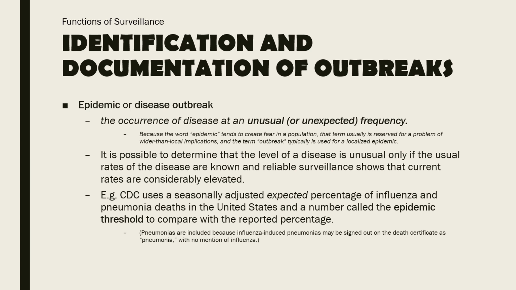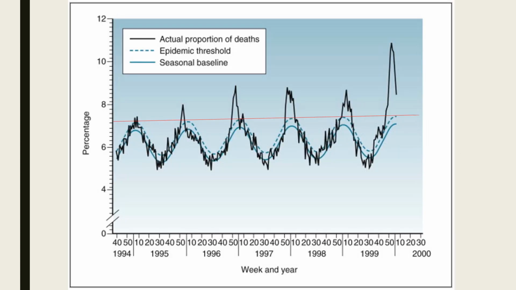For example, CDC uses a seasonally adjusted expected percentage of influenza and pneumonia deaths in the United States and a number called the epidemic threshold to compare with the reported percentage. So there's an actual proportion of deaths, and you will see the epidemic threshold in the dotted line, and there is a seasonal baseline.